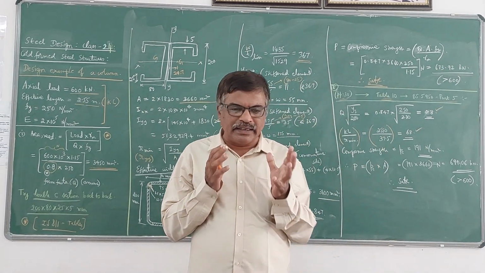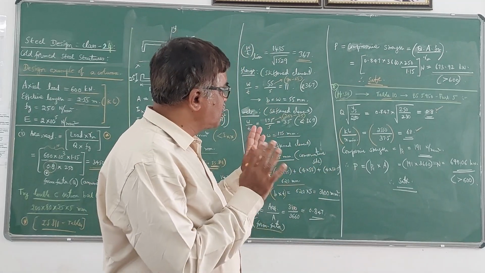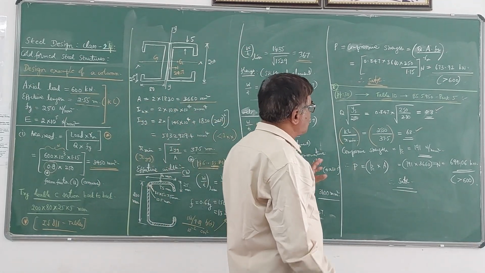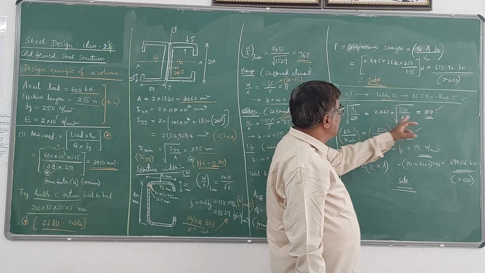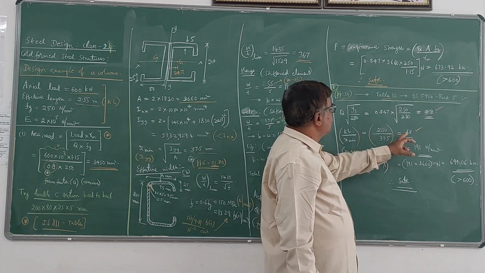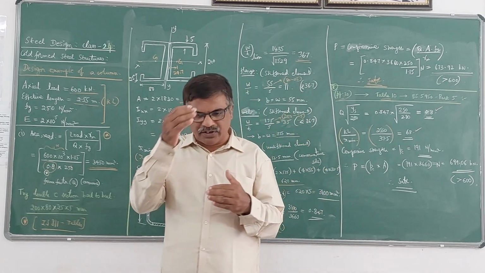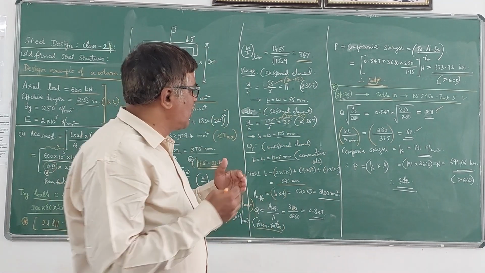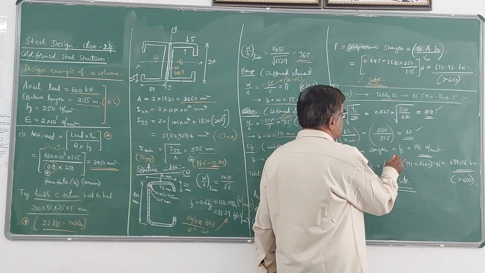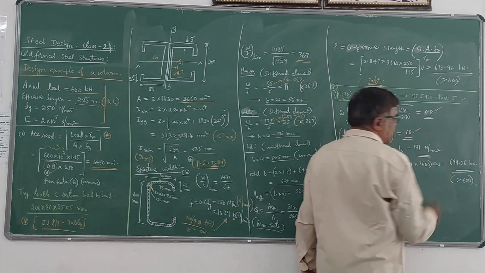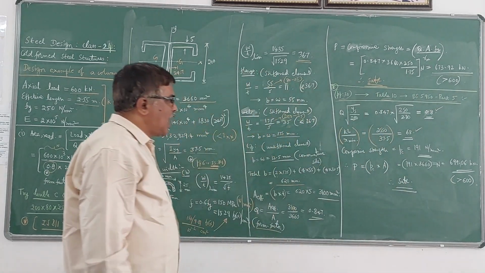If you are not getting the exact values, you have to interpolate. Here of course you are getting 0.8 directly, and for 68 you have to interpolate, because the values are given for 60 and 70. By interpolation, you are getting 191 Newton per mm square.